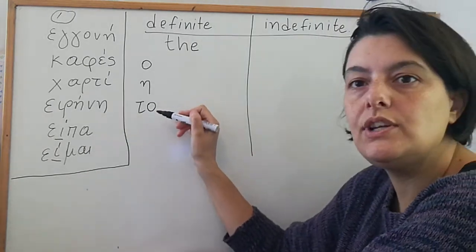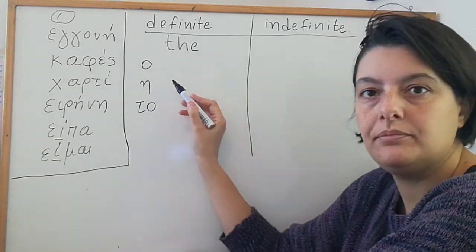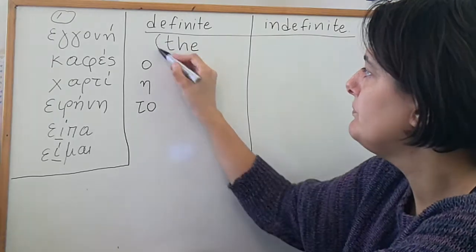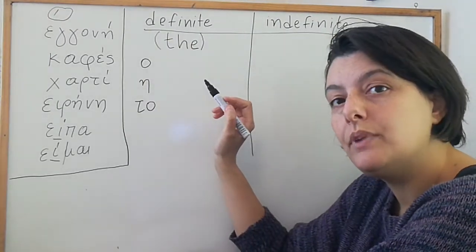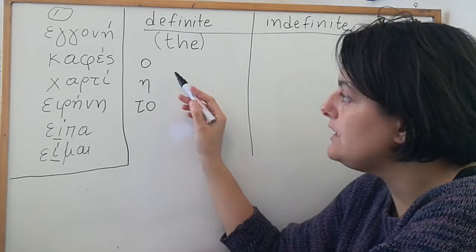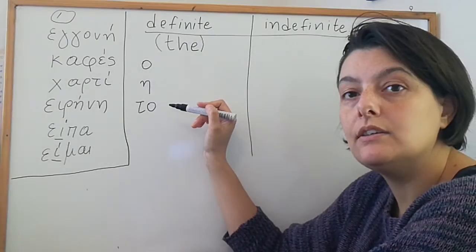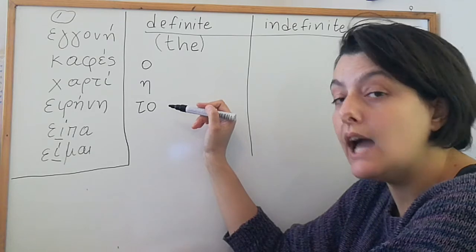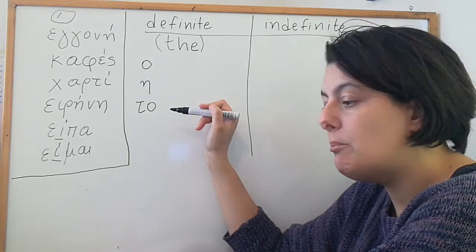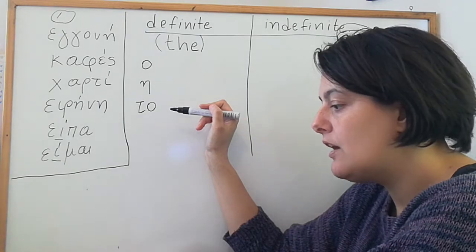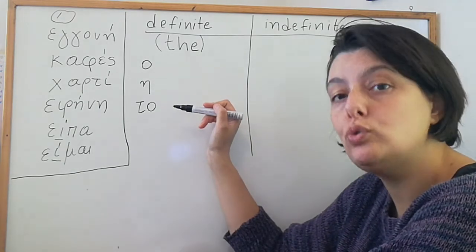All of these three articles mean the. But in Greek, we have three different definite articles because nouns in Greek are either masculine, feminine, or neutral.